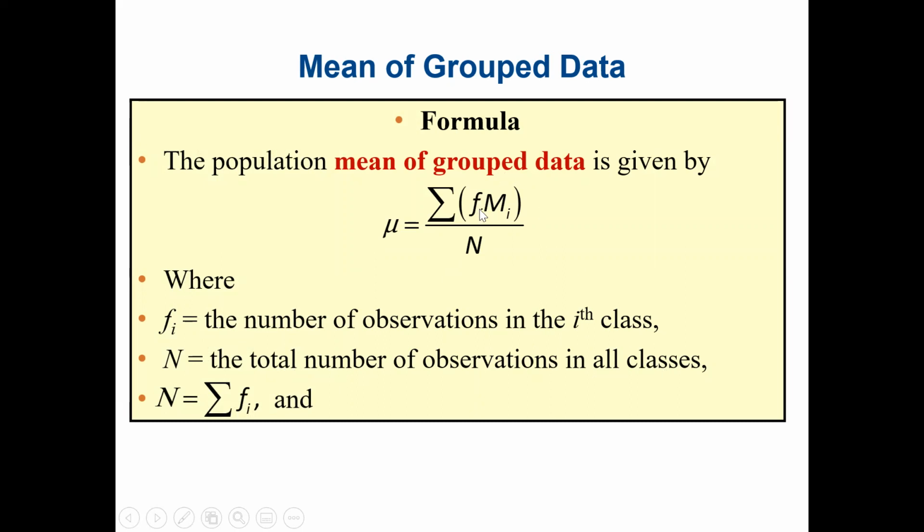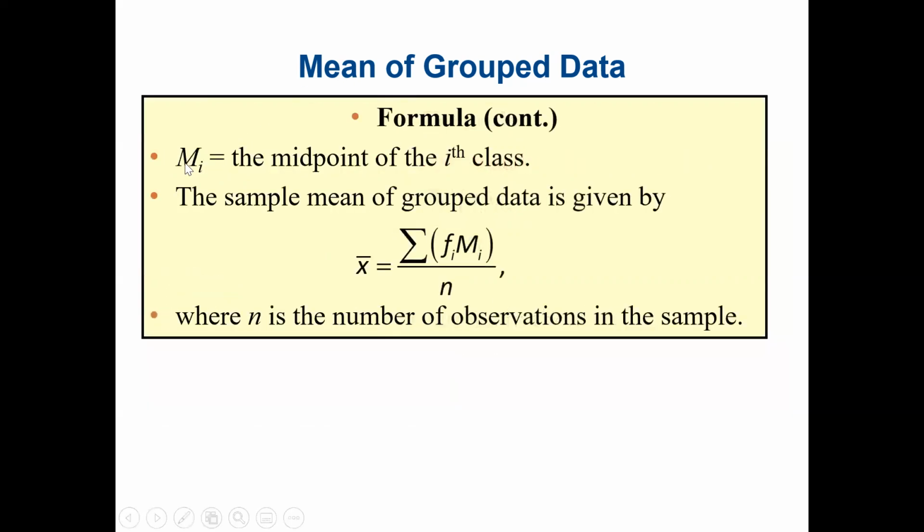Now, when we say the ith class, we again talk about weight between 100 to 120. That's the first class. Between 121 to 130, second class. Between 131 to 140, etc. That's why we say Fi will be the number of observations in the ith class. Then Mi will be the midpoint of the ith class.